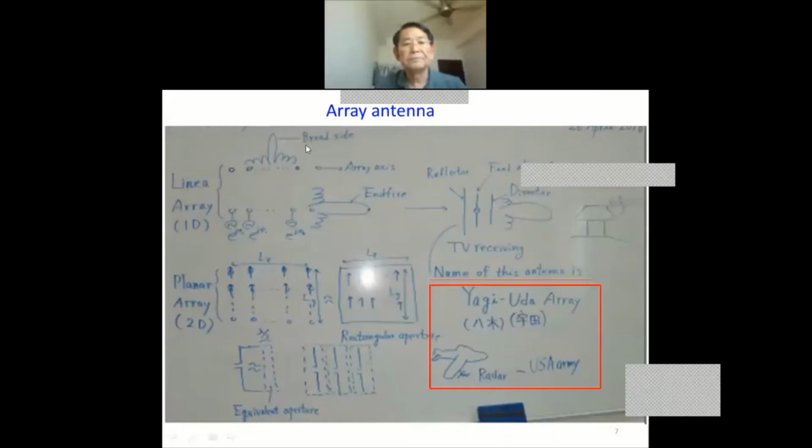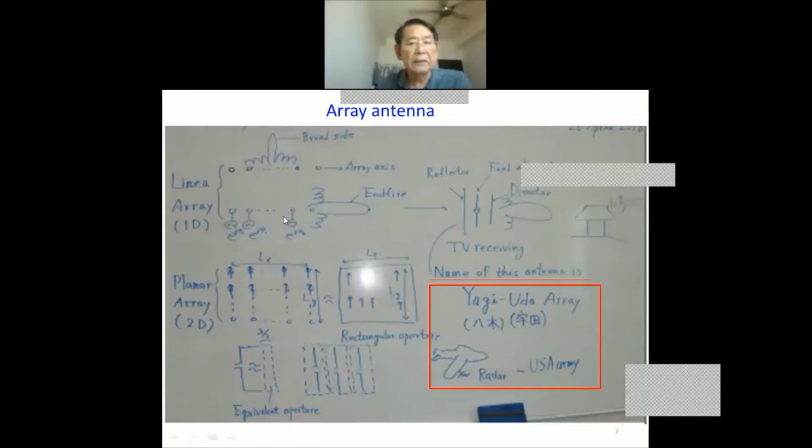Radiation perpendicular, normal to this linear line, is called broadside, so the rectangle is a broadside array. And in the linear array, radiation in the array axis direction can also be possible.